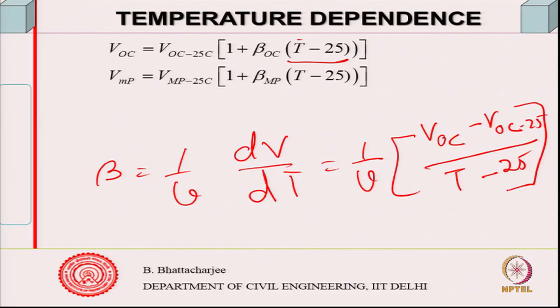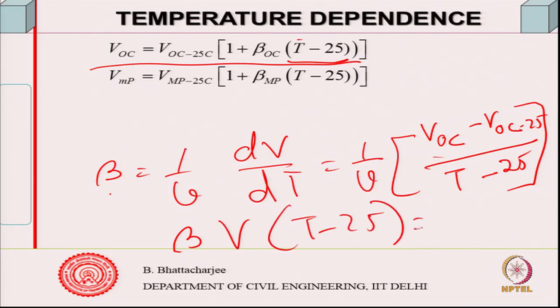From this you get a linear relationship, because you can write beta V into T minus 25 equals VOC minus VOC 25. If you rearrange this, you will get this kind of expression.